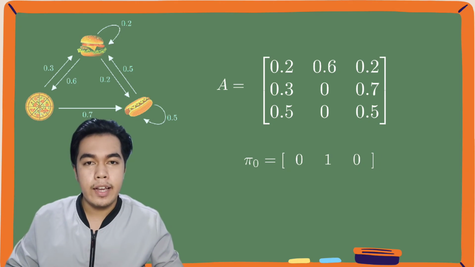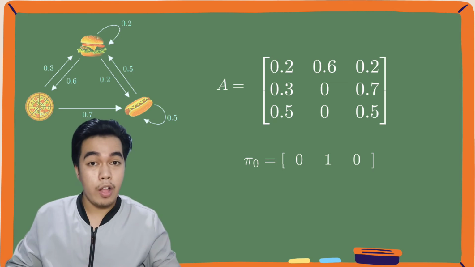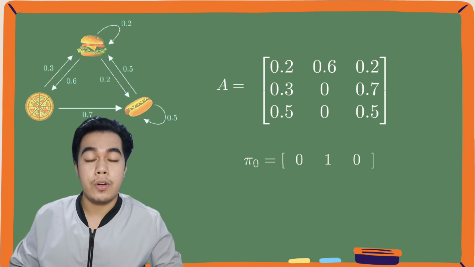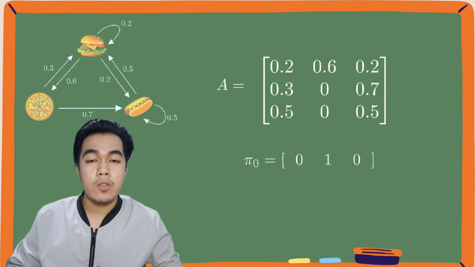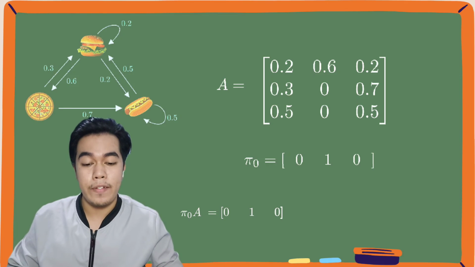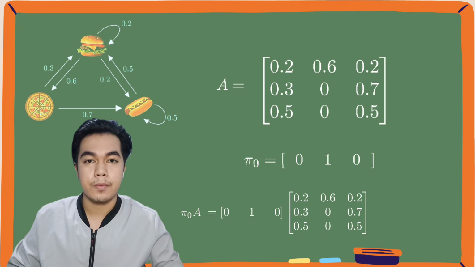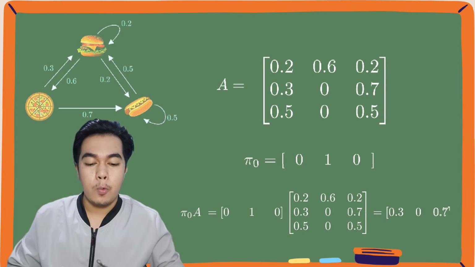So the second element, which corresponds to pizza, becomes 1 and the other two remain 0. Now see what happens if we multiply the row vector with our transition matrix. We get the second row of the matrix.